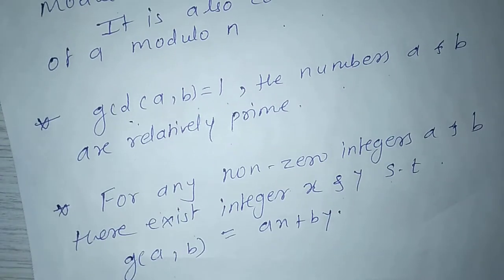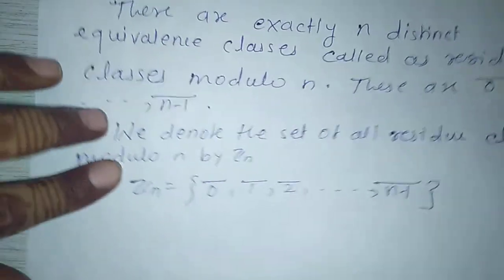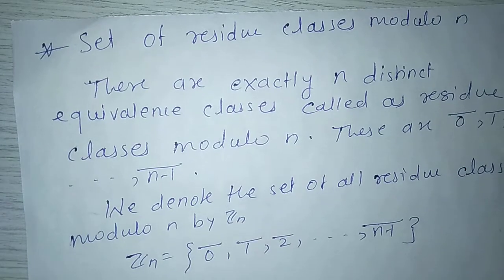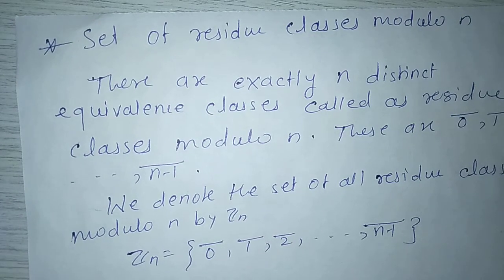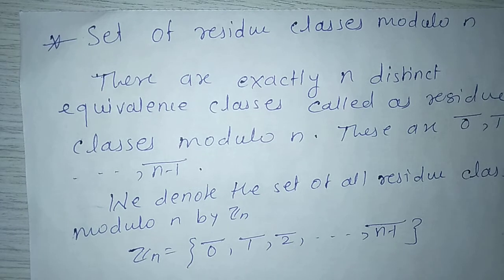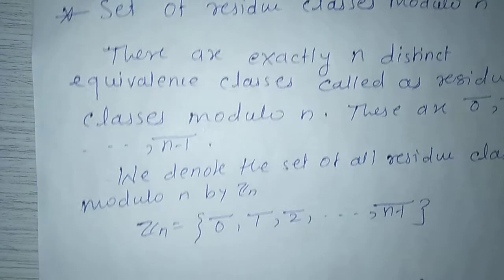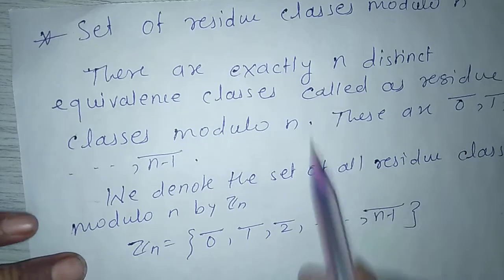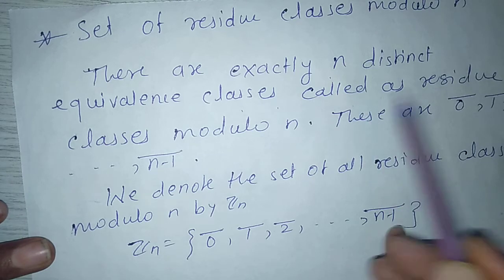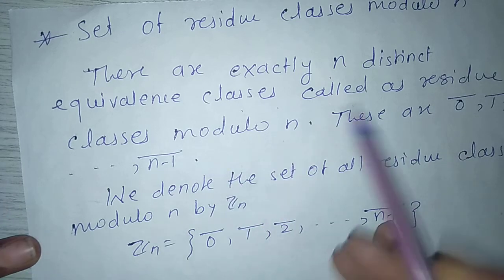Now, come to the next point of chapter number 2nd, set of residue classes modulo n. We have studied the relation congruence modulo n, which is an equivalence relation. There are exactly n distinct equivalence classes called as residue classes modulo n.